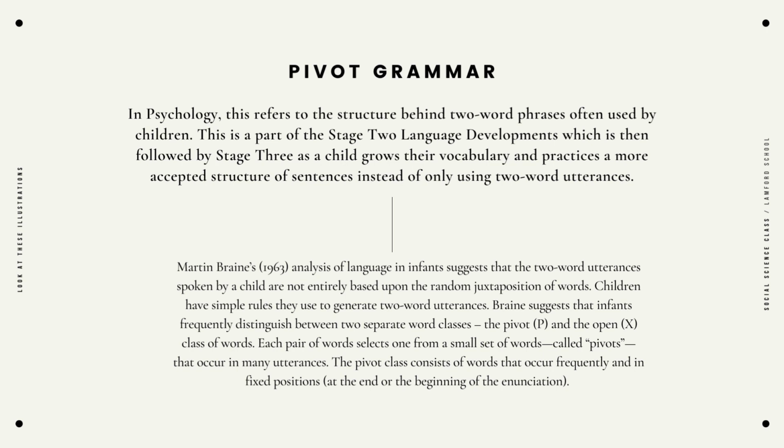Children have simple rules that they use to generate two word utterances: the pivot P and the open X class of words. Each pair of words selects one from a small set of words called pivots that occur in many utterances. The pivot class consists of words that occur frequently and in fixed positions, which can be at the end or the beginning of the enunciation.